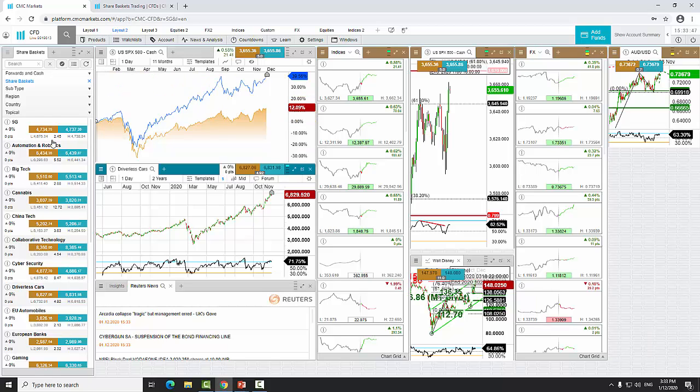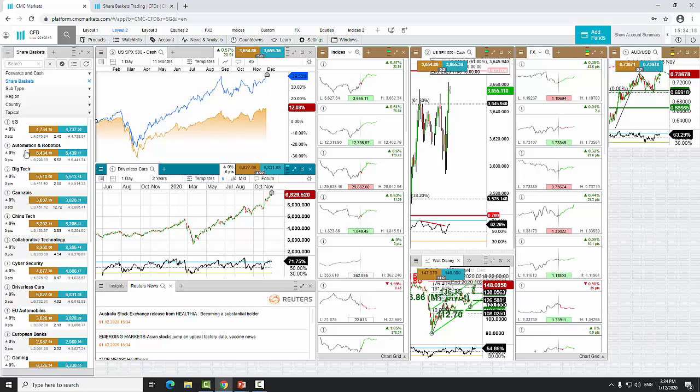So this is what I call the watchlist or the product list of the various share baskets. Pardon me. Let's say I want to look at the theme of automation and robotics. If you read a lot of research reports, even in the media, most of the analysis has started to bang on this Internet of Things, or how the future will shape, where almost everything will be automated and run by AI.